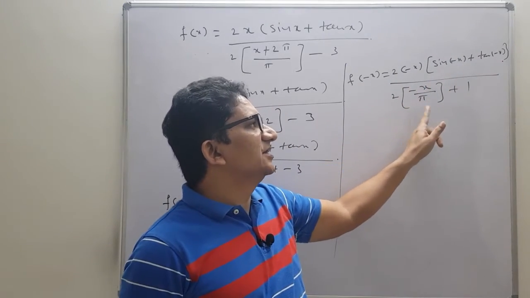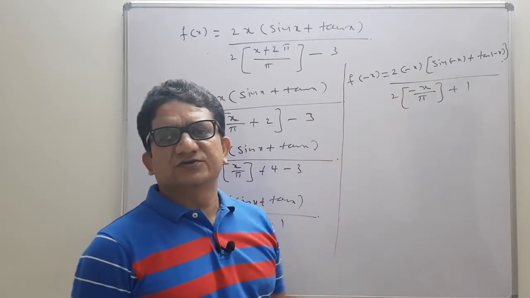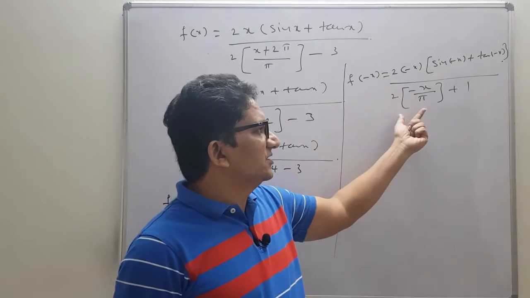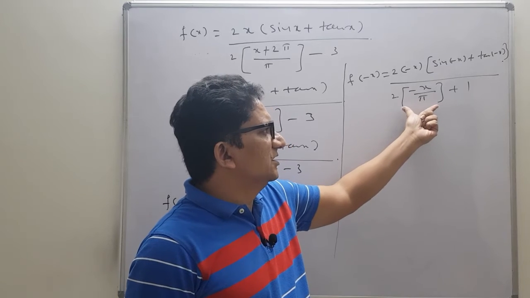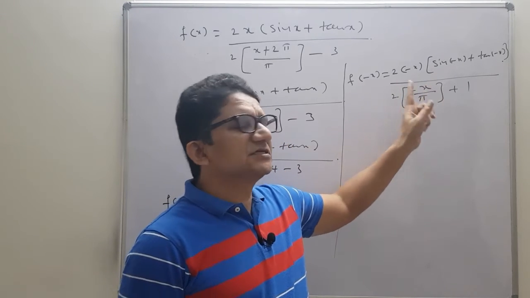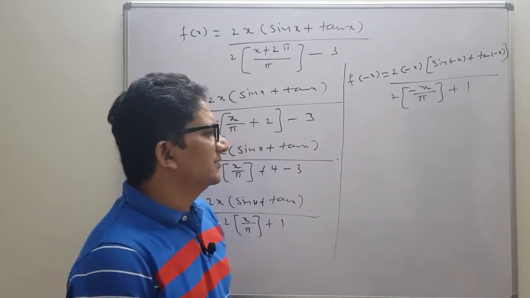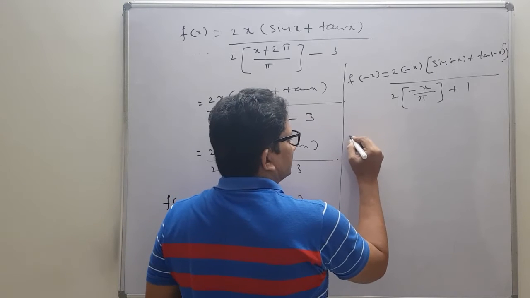Now we need to handle the denominator. What is the status of the denominator? In the denominator we have the greatest integer function of minus x by pi.